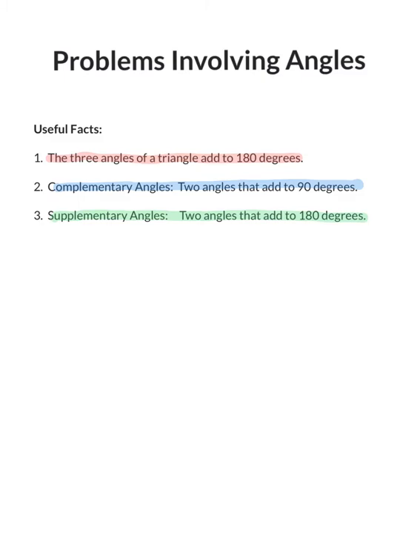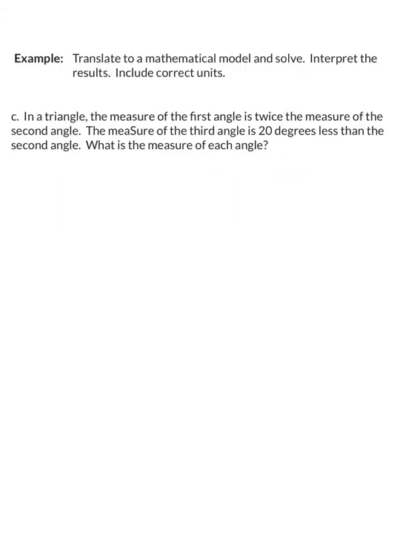All right, so let's go ahead and look at some problems involving angles. This is a triangle problem. This problem, I will let you know, is the only problem that we will look at that has 3 unknowns. When you get into higher level math classes, you may see other ones, but this is all we're going to look at.